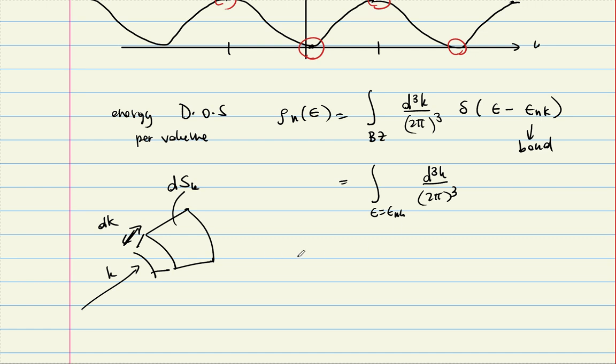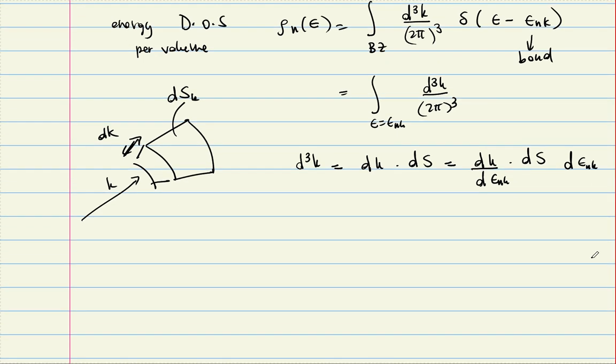And I'm going to write d cube k as the width dk times dS, and I'm going to divide by d epsilon n of k. Let me write it like that, d epsilon n of k, and there's no integral yet, so d epsilon n of k dS.